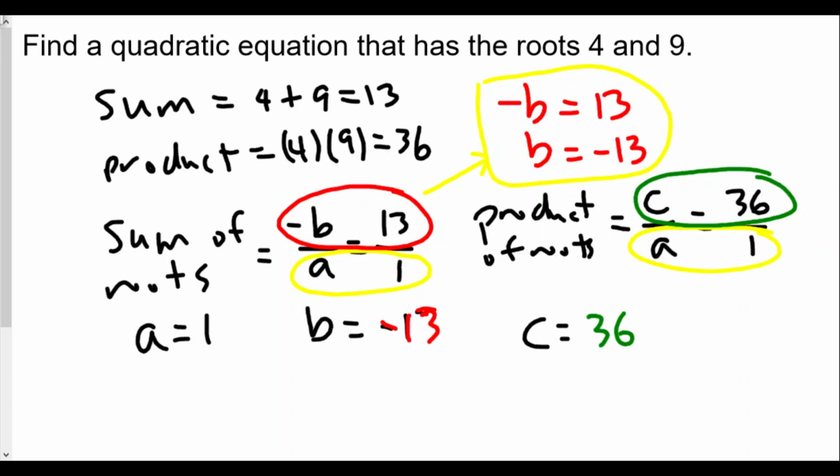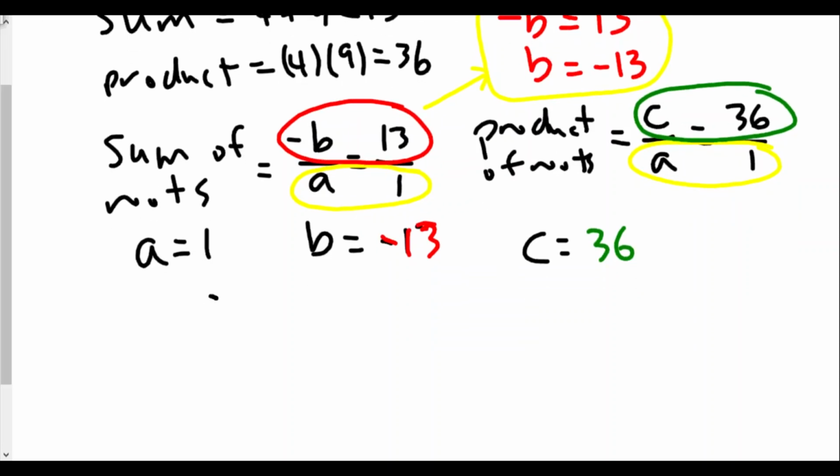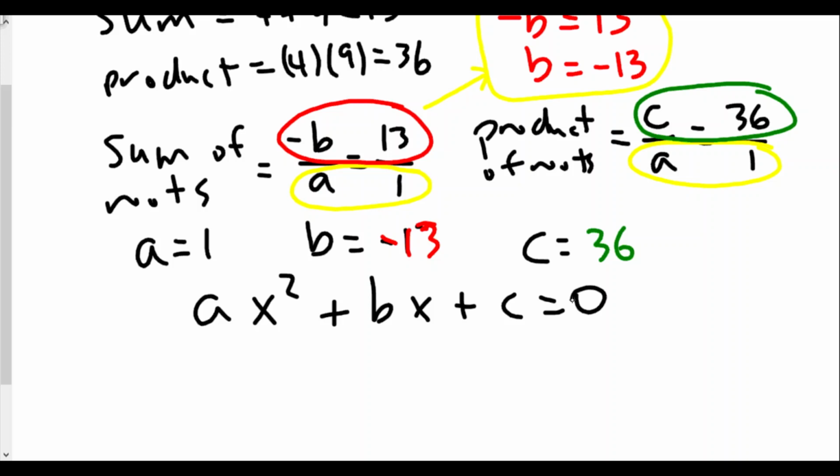All right, so now we're going to write out our standard form, ax squared plus bx plus c equals 0, and just fill in the a, b, and c values. We're not filling in numbers for x, just the a, b, and c values. So we're going to have, in this case, 1x squared plus negative 13x plus 36 equals 0.